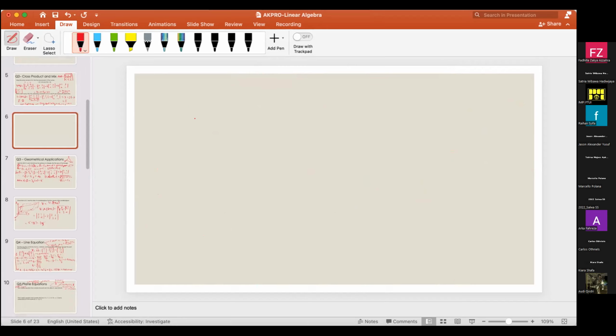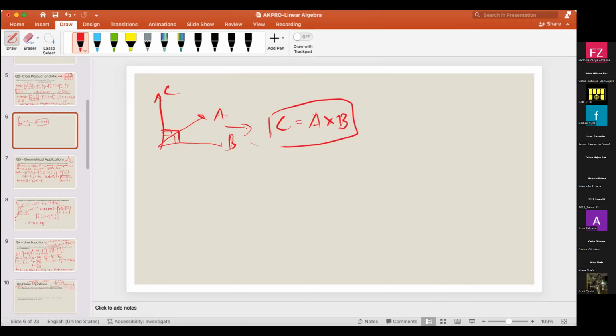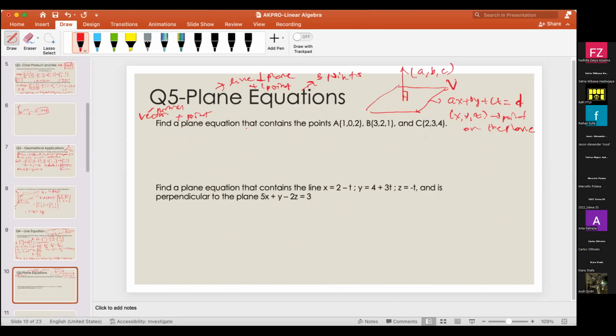The cross product, let's say A cross B. Let's say this is AB and this is C, which is perpendicular to both A and B. C can be formed by A and B. And so this is the meaning of cross product: to find the vector that is perpendicular to both A and B. Okay, so next. Because we're going to need that concept here in finding plane equations.